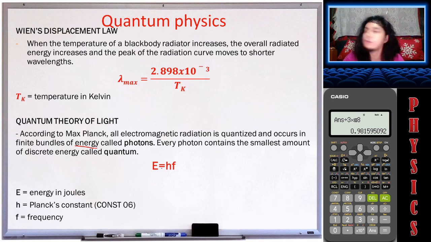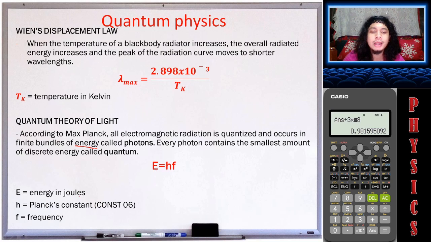Itong formulang to, ito yung formula na lumalabas kay electronics, kay EST, kay comms. And of course, sa JS, lumalabas din siya. E equals hf, where h is Planck's constant and f is the frequency.